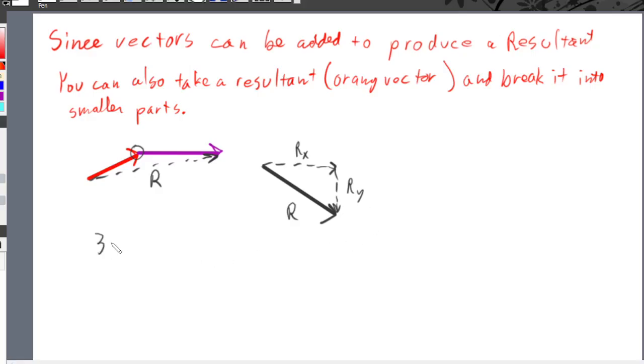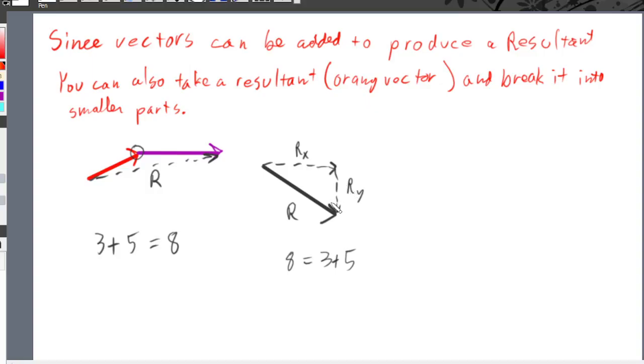Just as I can add 3 plus 5 to get 8, I could also take 8 and represent it as 3 plus 5. So just as I can combine vectors to get a resultant, I can take a resultant and break it into parts or components.